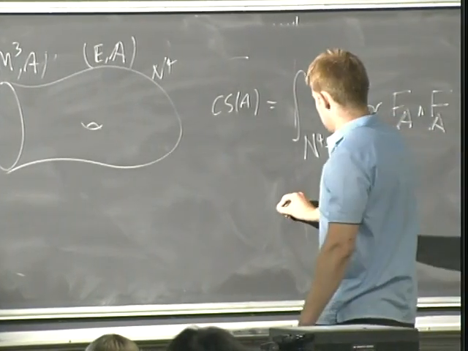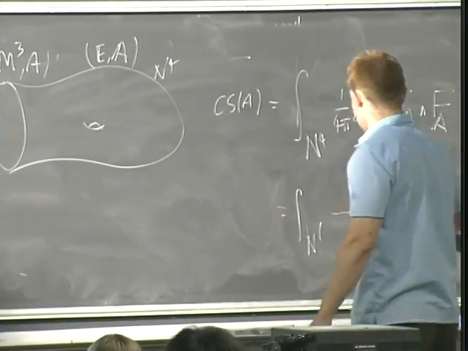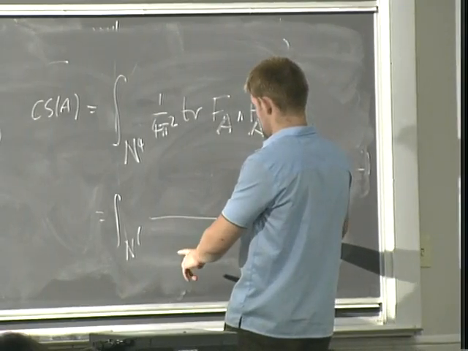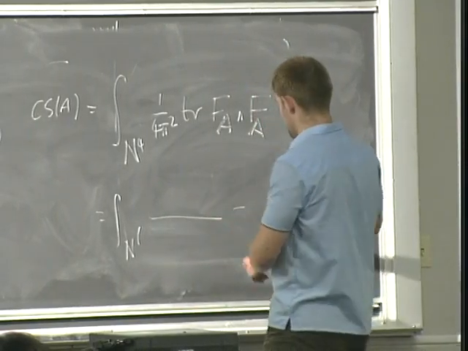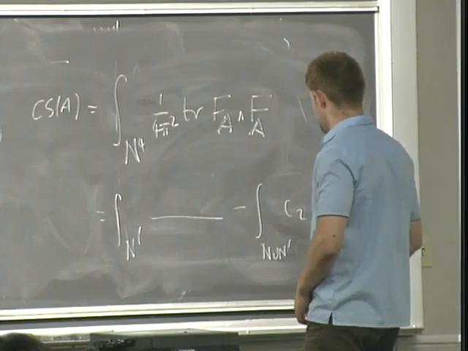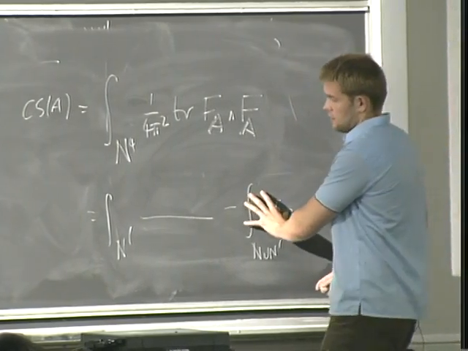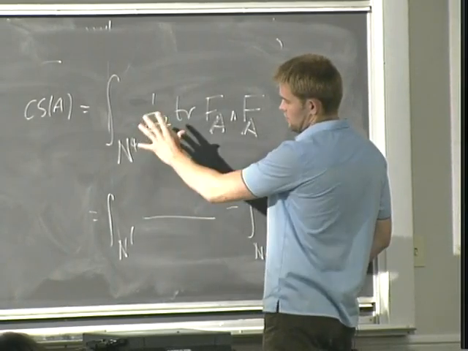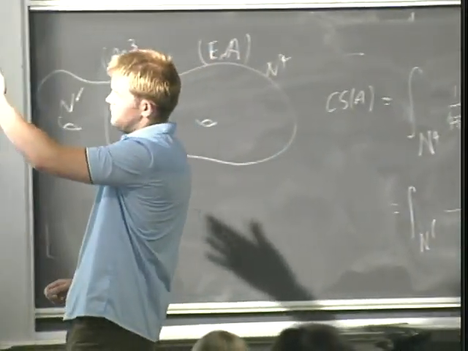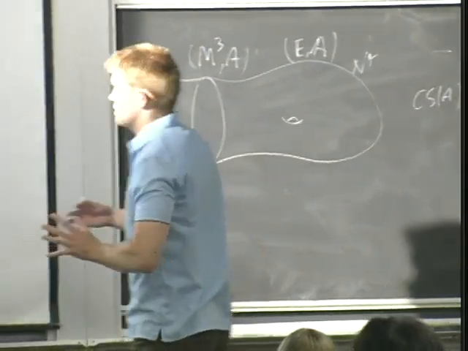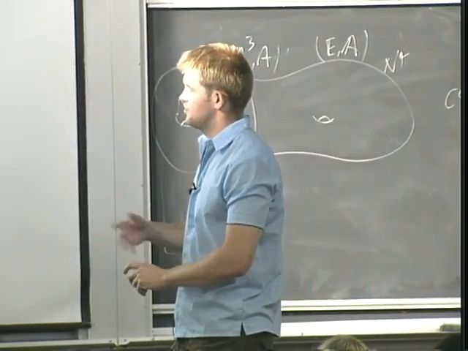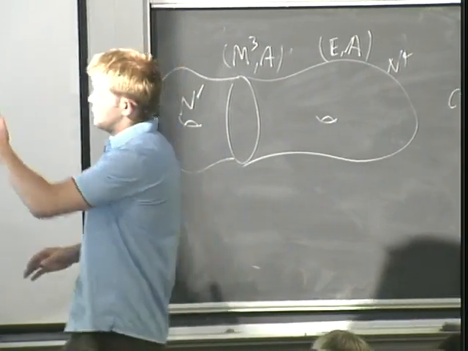So this is the integral over N primed of the same thing, plus or minus the integral over the compact 4-manifold, which is N union N primed, of this C2 here. So this is an integer. This is independent of the 4-manifold you choose and the extension you choose up to an integer. So this is gauge invariant up to an integer. For gauge transformations connected to the identity, it is completely gauge invariant. For those not homotopic to the identity, you can pick up an integer. So really, it's a map to a circle.